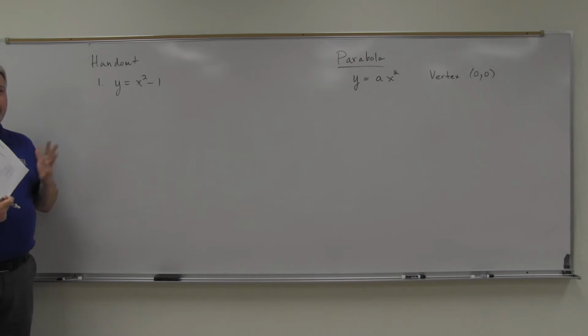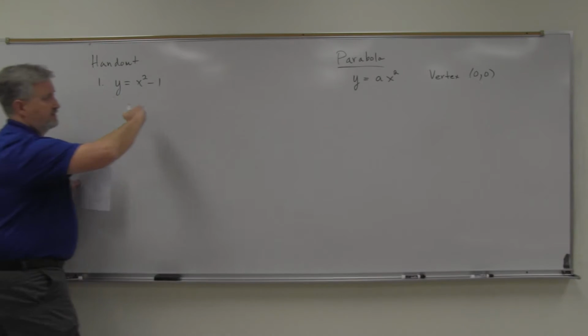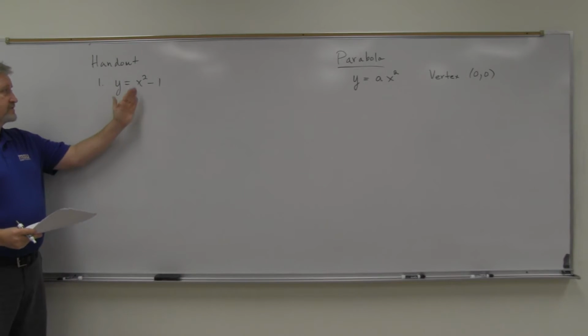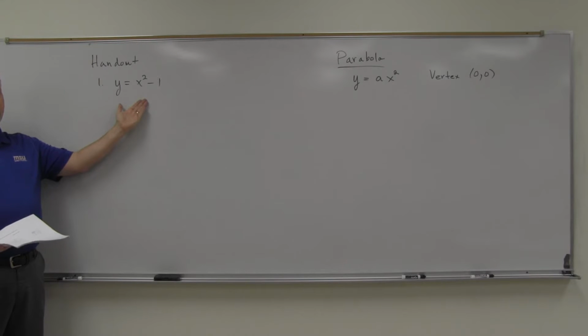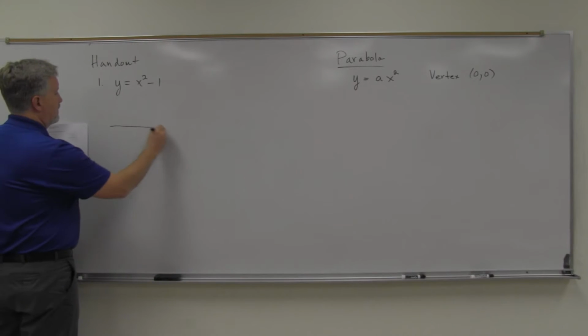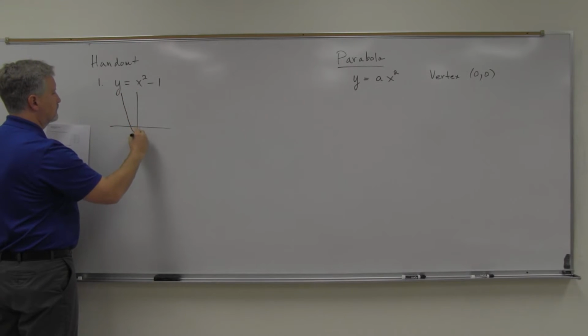And that's not the way we want to do it, be as efficient as we can. But I started here with one that is shifted. y equals x squared minus 1. That's a parabola that's shifted down 1, right? That's just the x squared parabola shifted down 1. And so we've got that vertex there at 0 and -1.